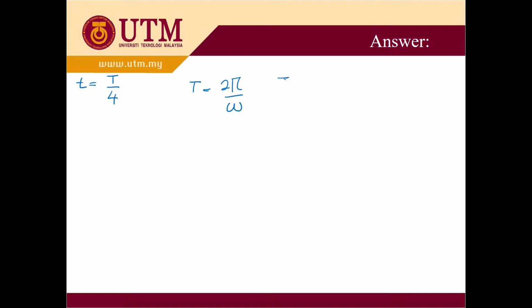So the period over 4 is basically equal to 2 pi divided by 4 omega, which is pi over 2 omega.